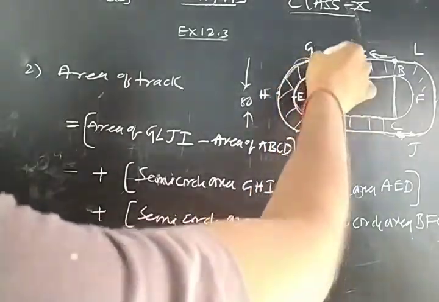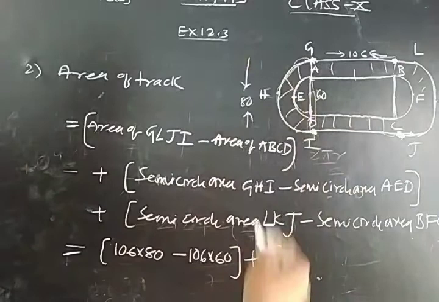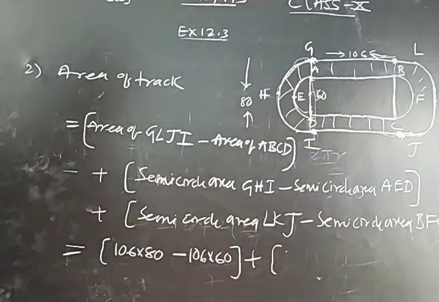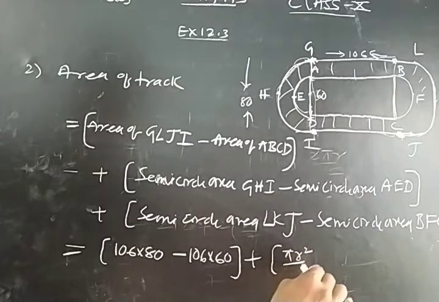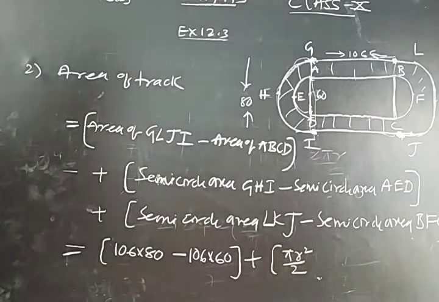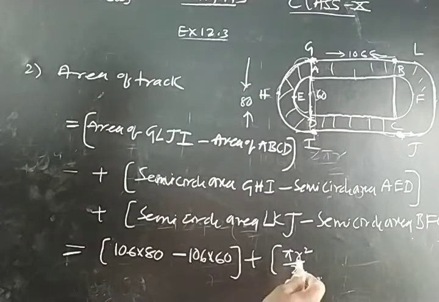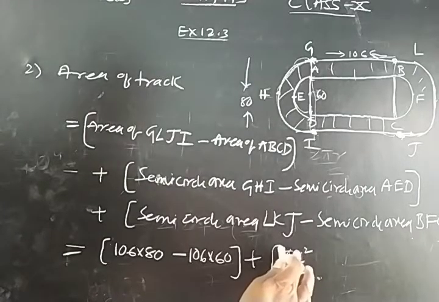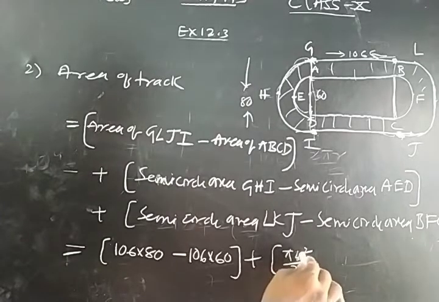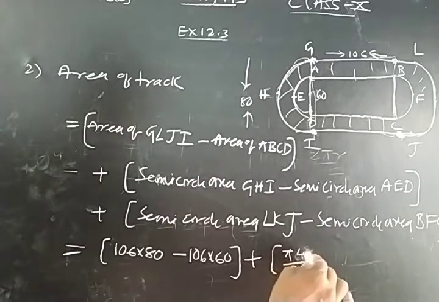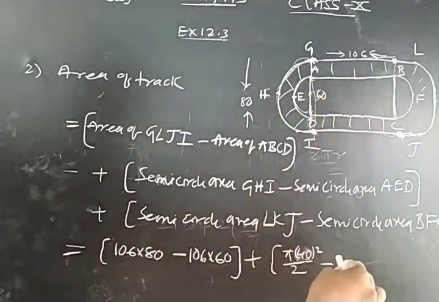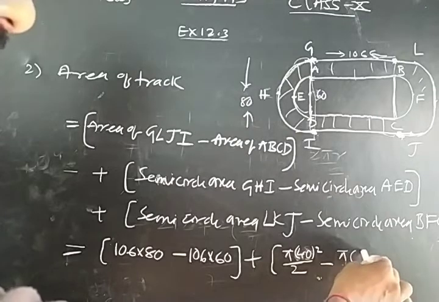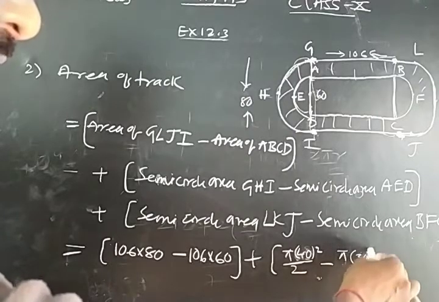What is the diameter? 80. What is the radius? 40. Semicircle area is pi r square by 2. I will substitute the radius, 40 square, minus semicircle area AED, pi times 30 square by 2.